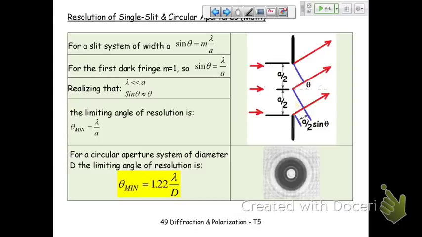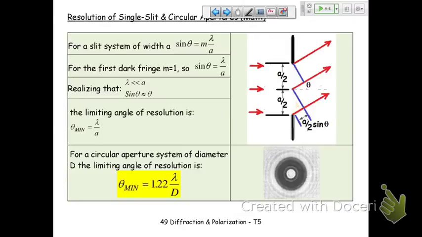We can find a bit more detail about the Rayleigh criterion for a circular aperture or for a slit. And we can do some analysis. I don't care about the analysis. I'm not going to take you through the analysis. I can't remember the analysis, actually, to tell you the truth.